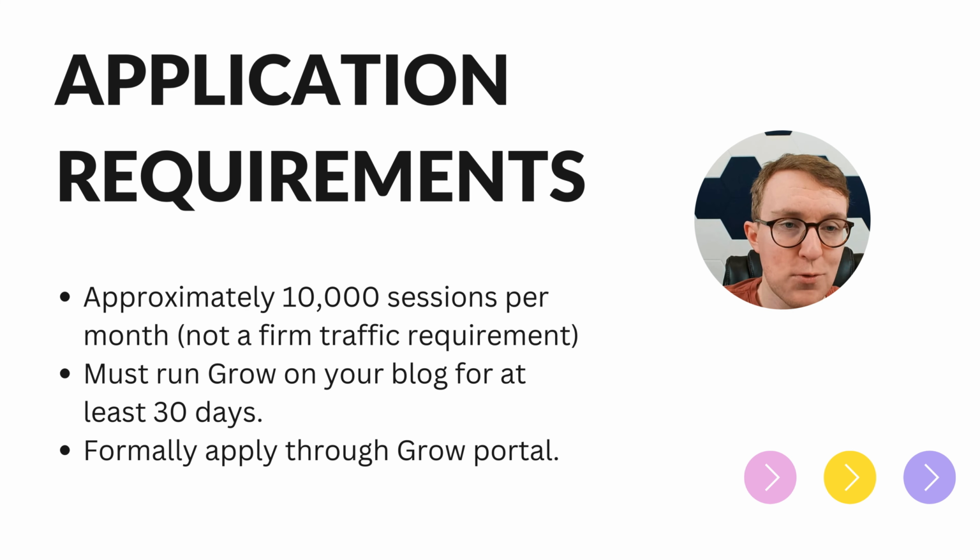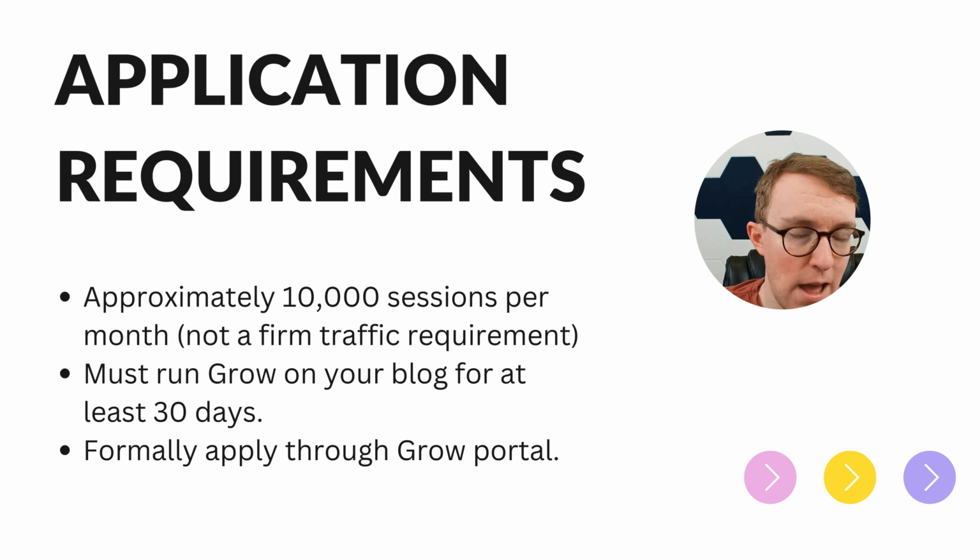Lots of people use Grow and they've only accepted a few hundred people into this initial beta. So running Grow alone for even several months is not a guarantee that you'll be accepted. And then third, you just need to formally apply through the Grow portal.